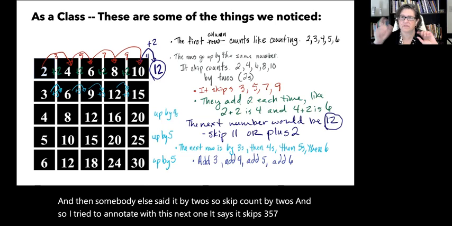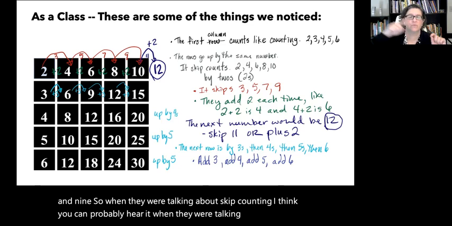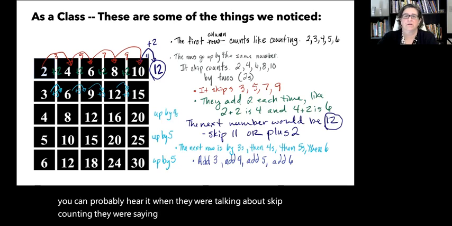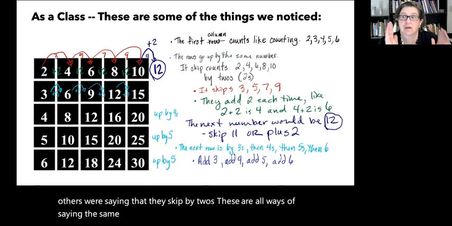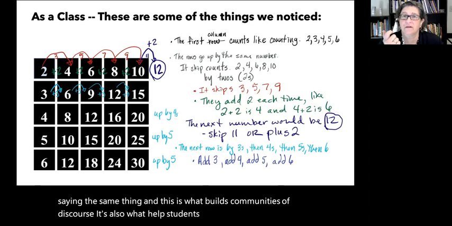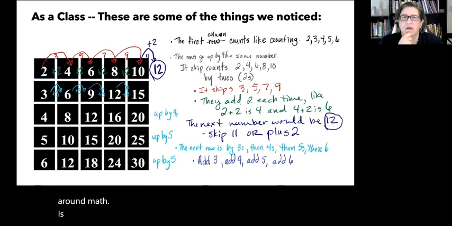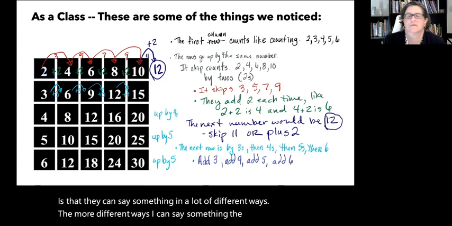When they were talking about skip counting, they were saying which numbers you skipped, and the others were saying that they skipped by twos. These are all ways of saying the same thing, and this is what builds communities of discourse. It's also what helps students engage in expert thinking around math, that they can say something in a lot of different ways. The more different ways I can say something, the bigger my understanding of that concept is.